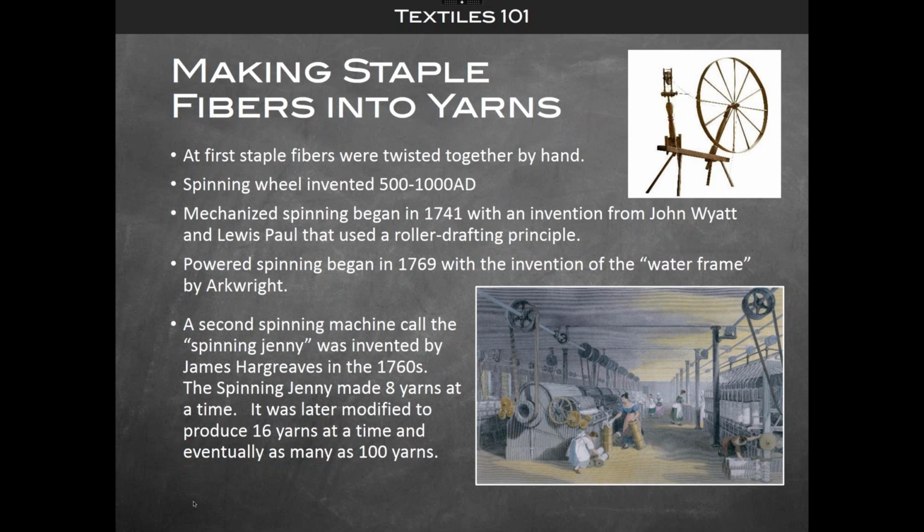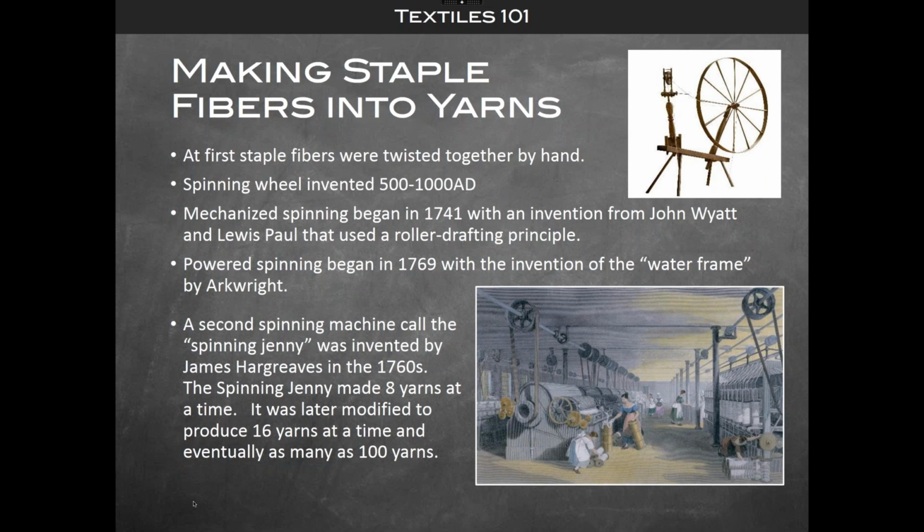So the first mechanized spinning began in 1741 with an invention that used a roller drafting principle. Later on, they were able to take that same machine and power it with water. So that was the water frame. And around that same time period, a second spinning machine was invented called the spinning jenny.